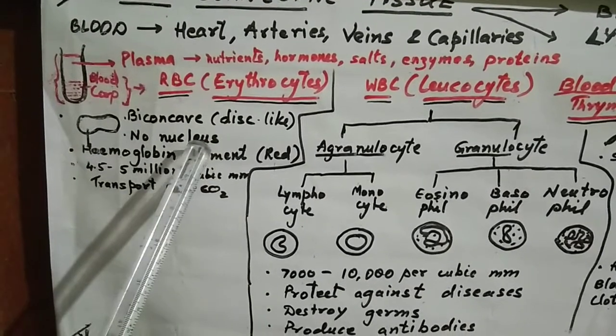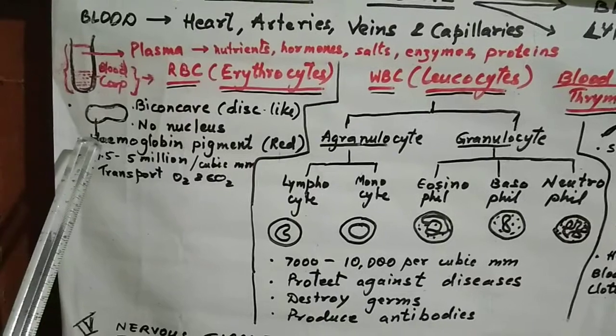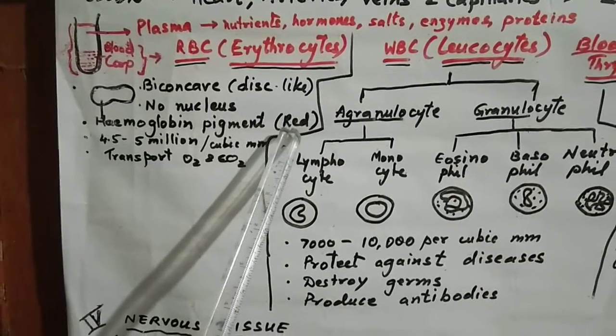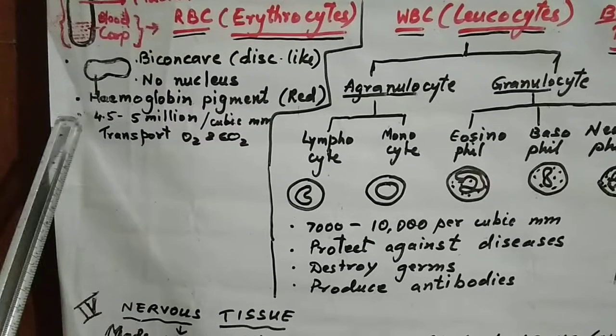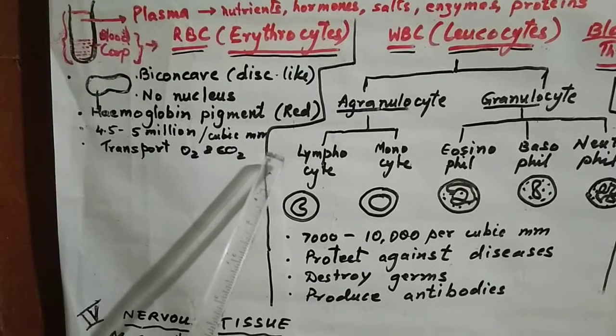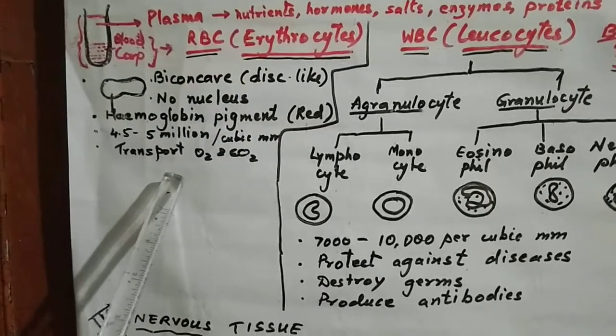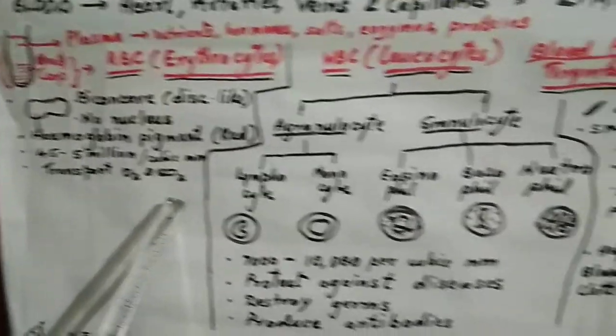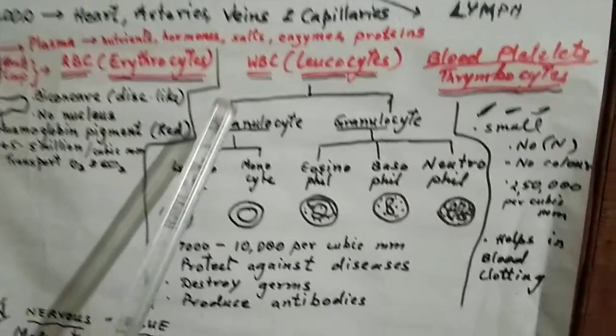Remember, they do not have a nucleus. They are red in color because hemoglobin pigment is present in them. Their number is 4.5 to 5 million per cubic millimeter. The main function of the RBC is to transport oxygen and carbon dioxide to various parts of the body.